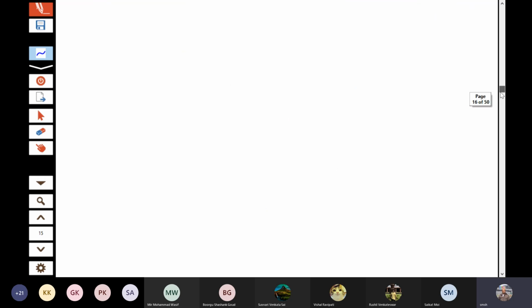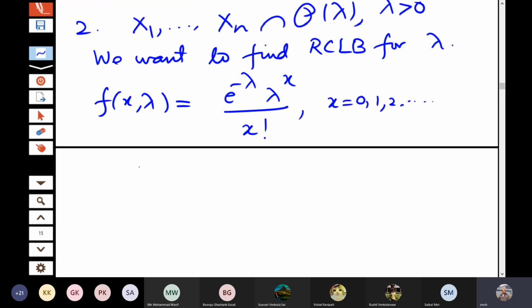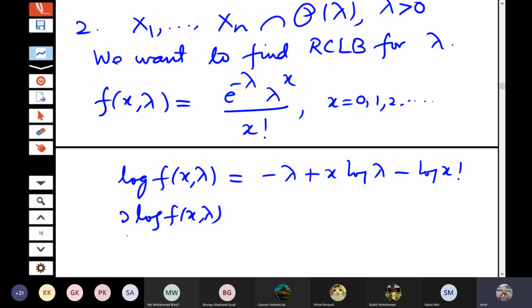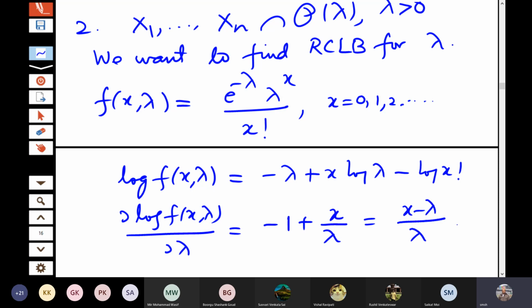Once again, you will see that the nature of calculation is similar to the one which we applied for the maximum likelihood estimation. So del log f(x, lambda) by del lambda is equal to minus 1 plus x by lambda. That is nothing but x minus lambda by lambda.